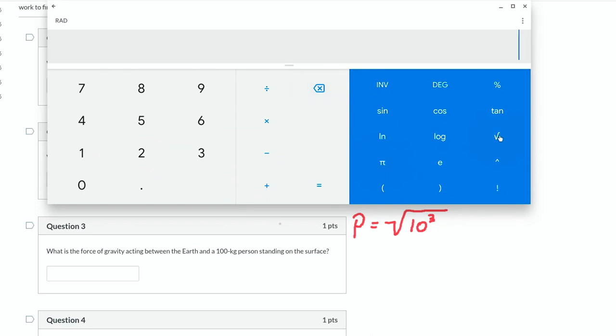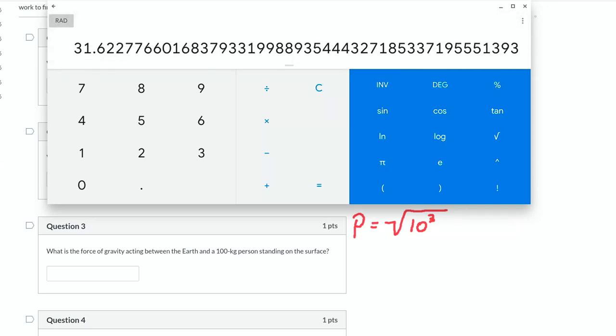I'm going to type square root, and then parentheses, 10 to the power of, that little caret means raised to the power of 3, close parentheses. So that's how we say 10 cubed, right? And enter.